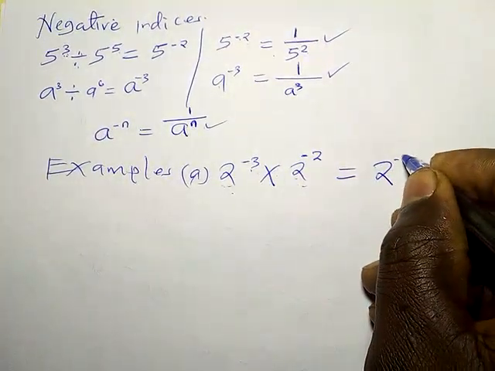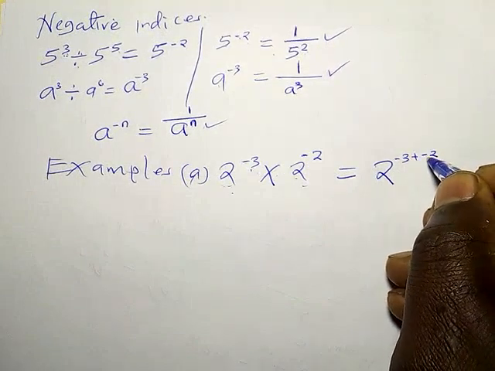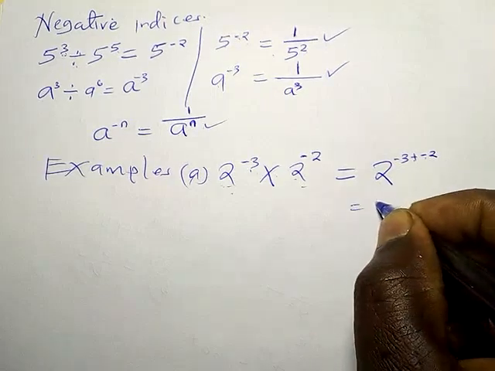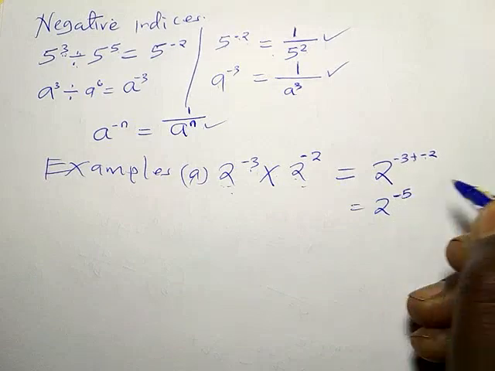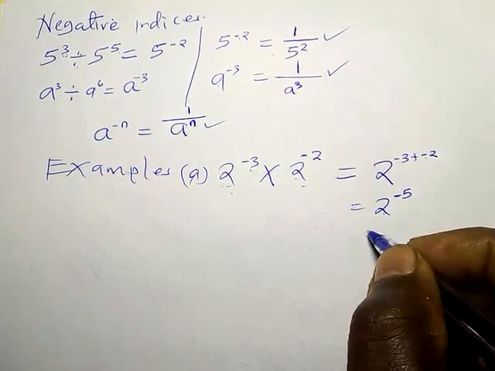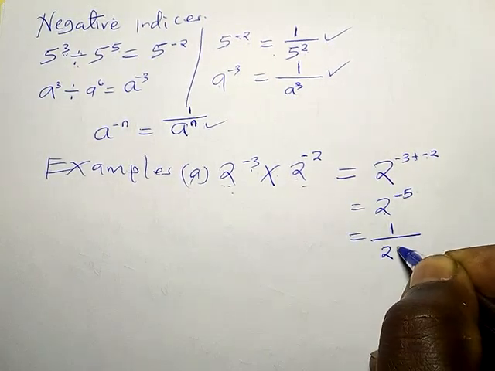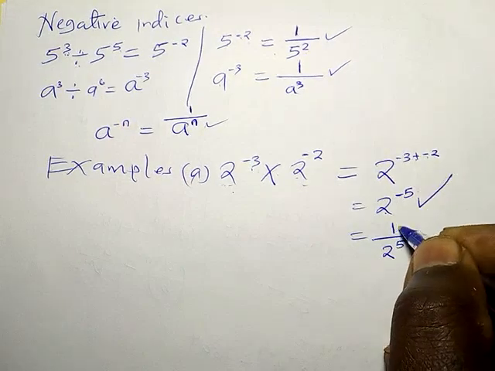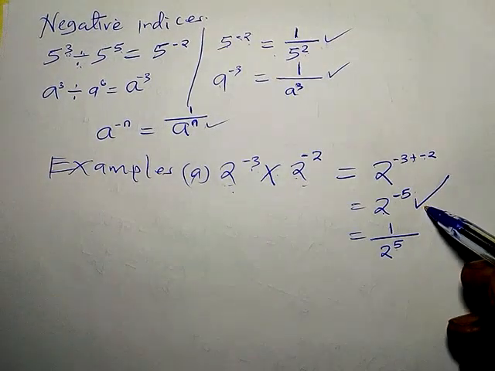That is negative 3 plus negative 2. So the answer is 2 raised to power negative 5. So 2 raised to power negative 5 is exactly equal to 1 over 2 raised to power 5. But you are right up to that point. So this is the correct answer.